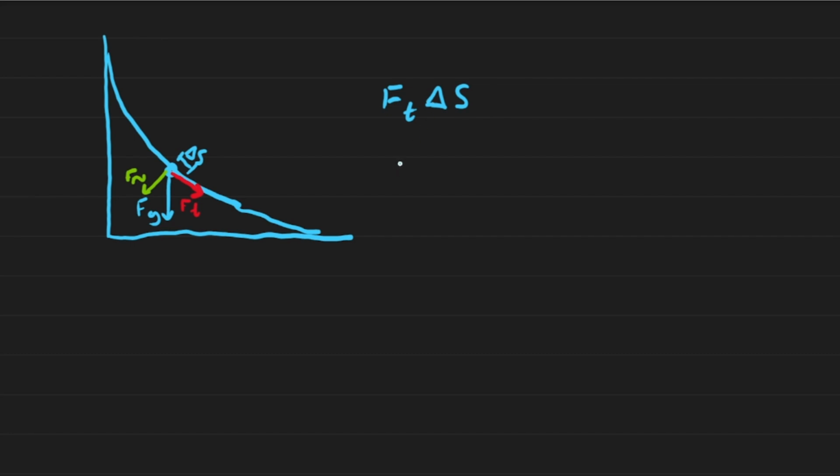So if we wanted to calculate the work done traveling from the top of this roller coaster to the bottom, maybe from point A to point B, then what we would have to do is add up all the chunks of delta S from A to B. So perhaps the work done, or let's call it I, the line integral.